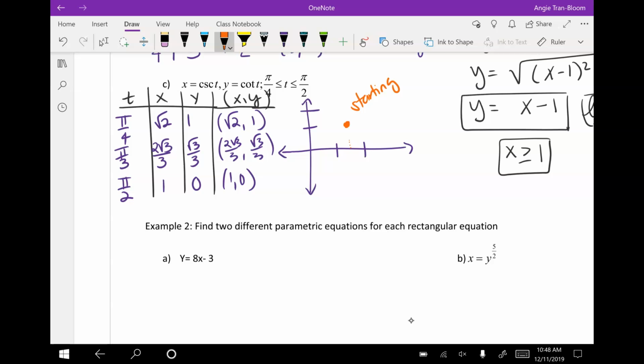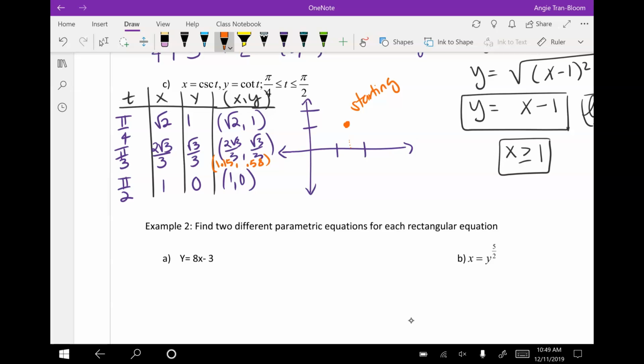And then we have 2 rad 3 over 3, so let's see what that decimal is. 2 rad 3 divided by 3 is 1.15, so it's a little bit closer. And rad 3 divided by 3 is 0.57. So I'm going to write this dot right here: 1.15, comma, 0.58. So that way we know where to approximate.